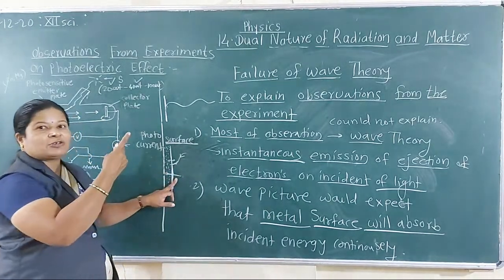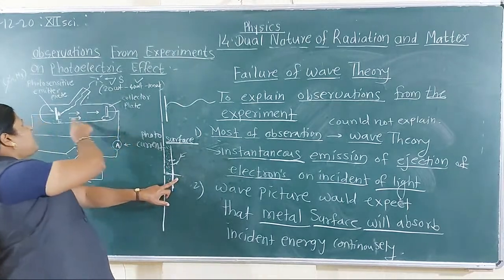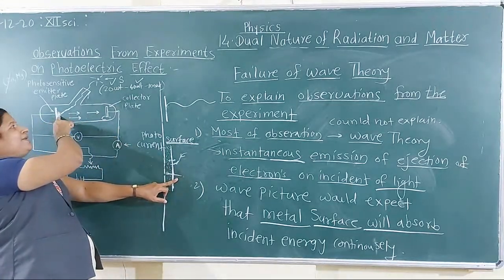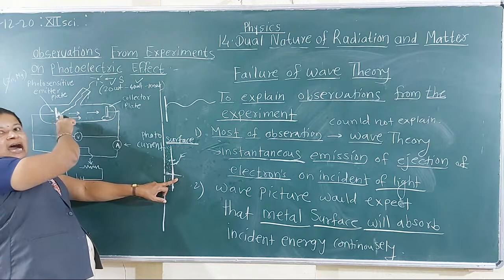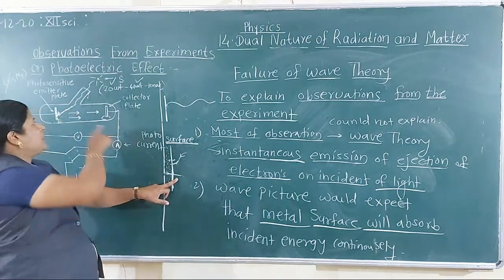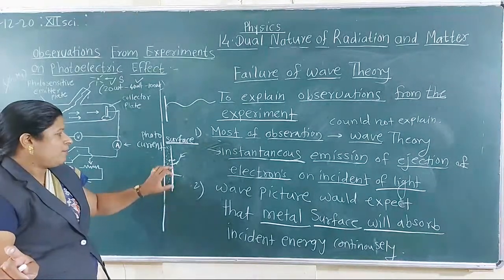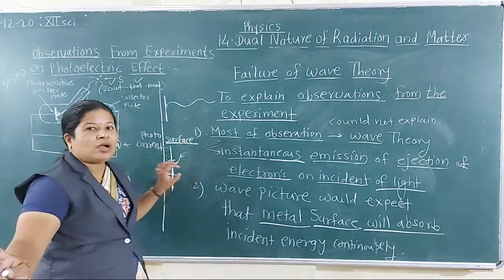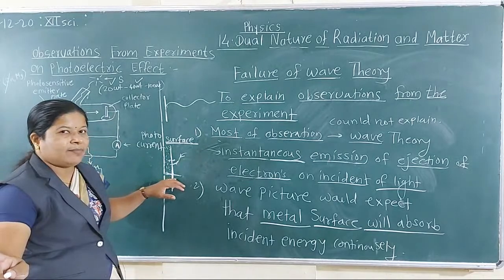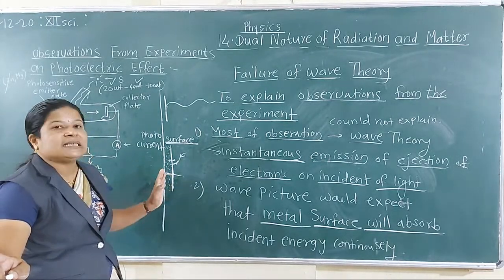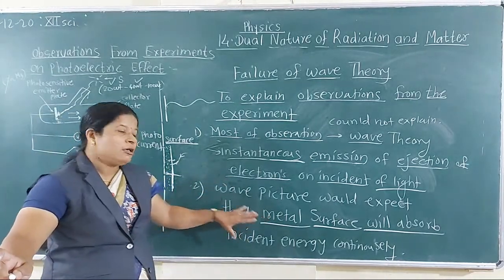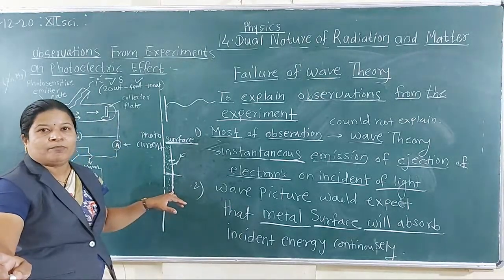That means, in the first observation, we see that as soon as the radiation falls on this emitter plate, the electrons are instantaneously ejected from that plate. But the wave theory could not explain this concept that electrons are instantaneously ejected from this metal plate.